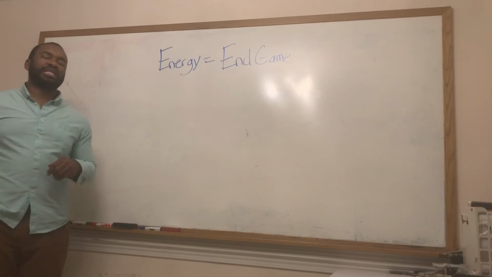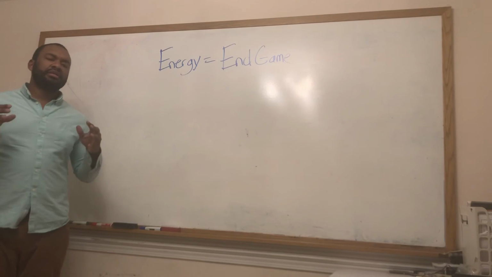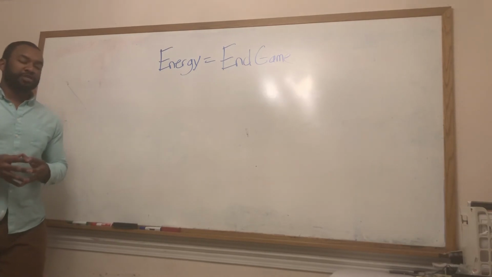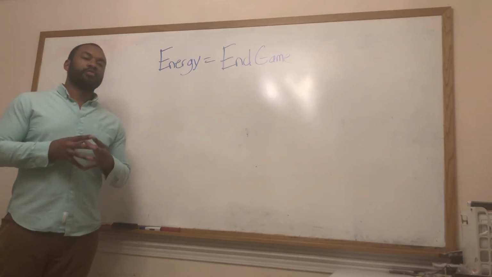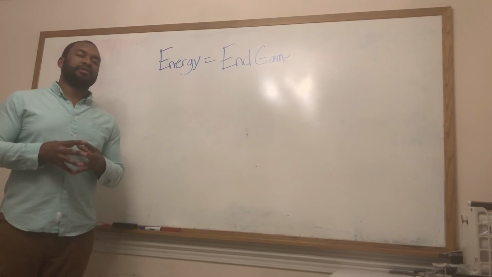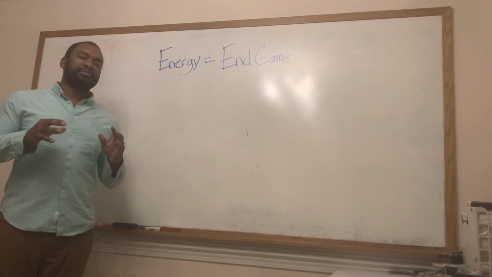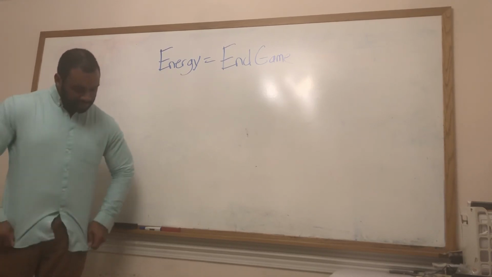In this video, we talked about matter, any substance that has mass and occupies space. And we talked about energy, which is the ability to do work and transfer heat. Work is more so on a macro level, and heat has to do with the energy of the molecules.